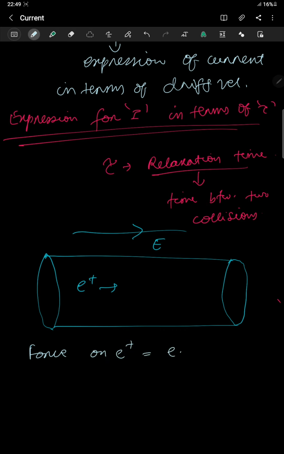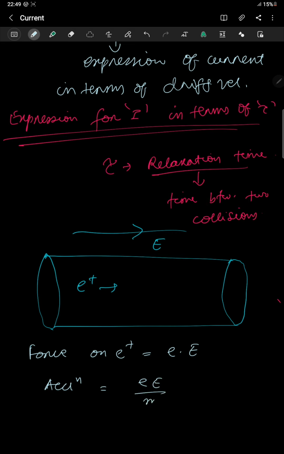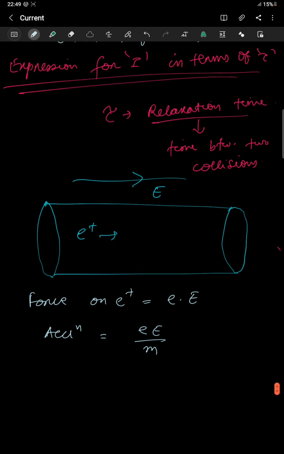This will be equal to e into electric field. Then what about the acceleration? The acceleration will be e E by m. In reality, the charge carriers have acceleration, but for simplicity, we assume the charge carriers move with a constant velocity. And what is that velocity called? It is your drift velocity.